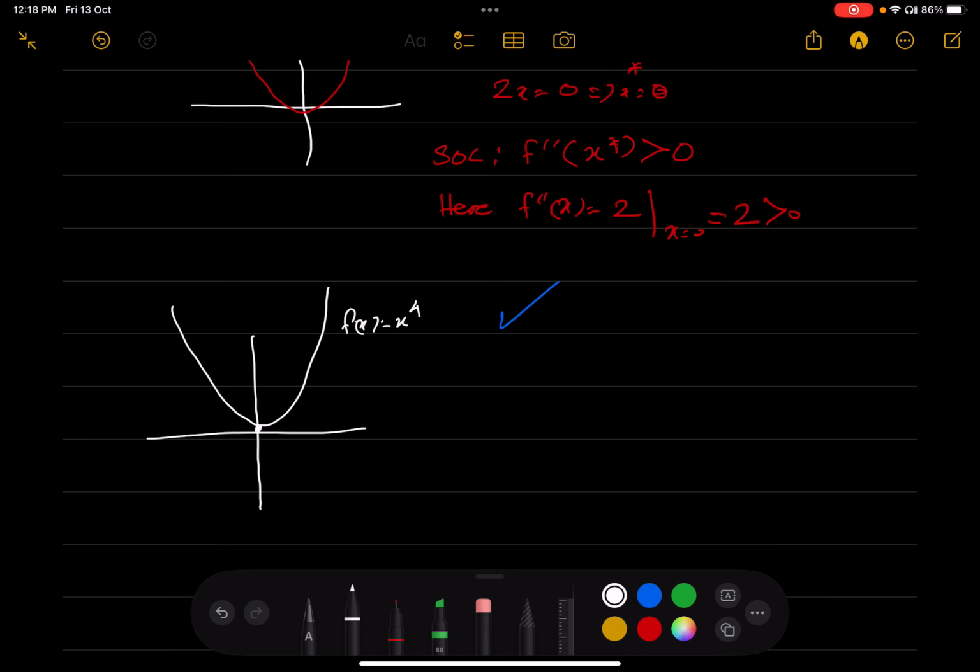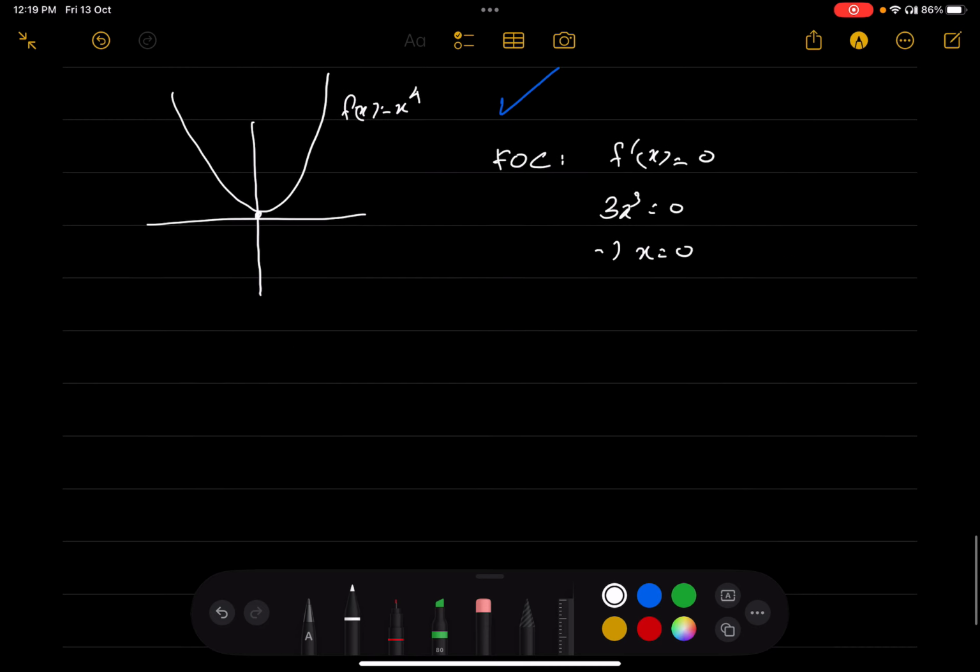Okay, but what about the tests here? The first order condition, when we put f dash of x is equal to 0, it gives 4 x cube is equal to 0, or x equal to 0. That is fine. And then we go with the second order conditions.